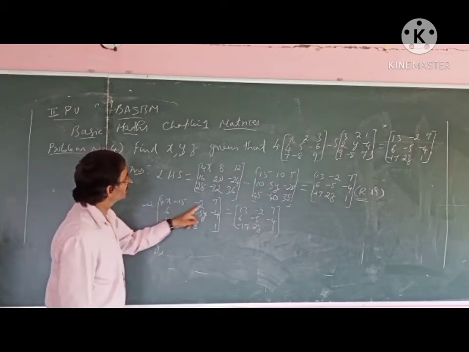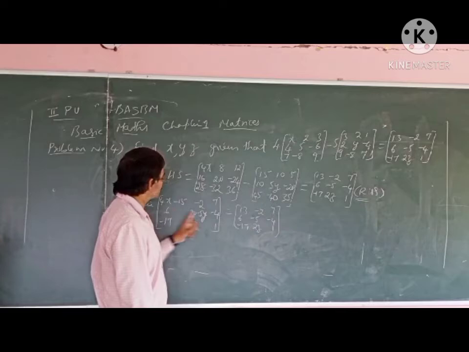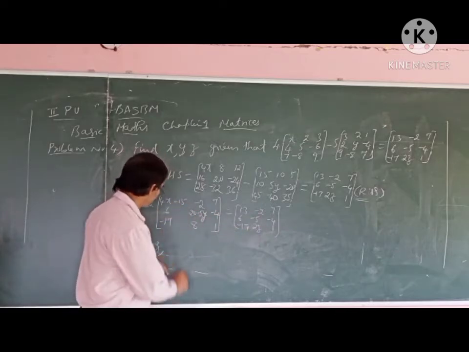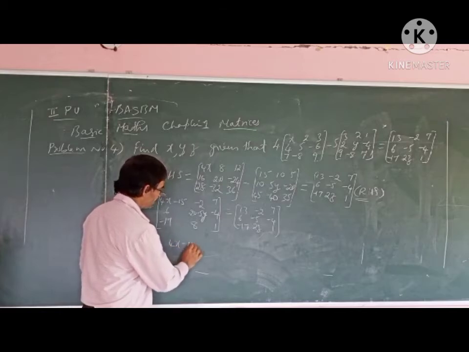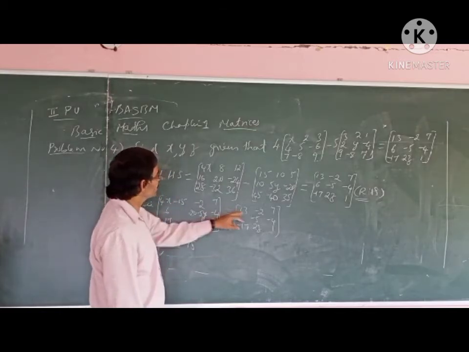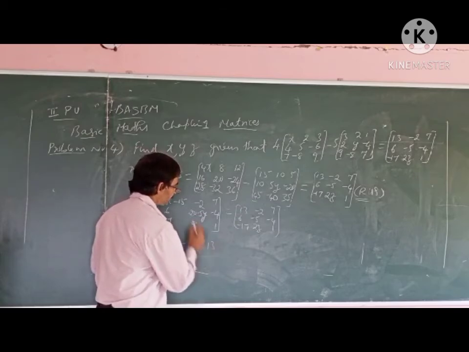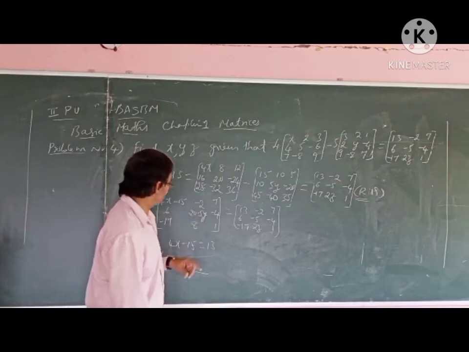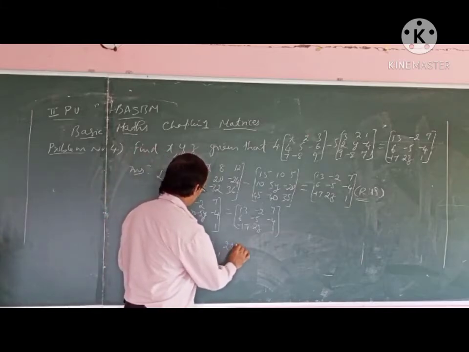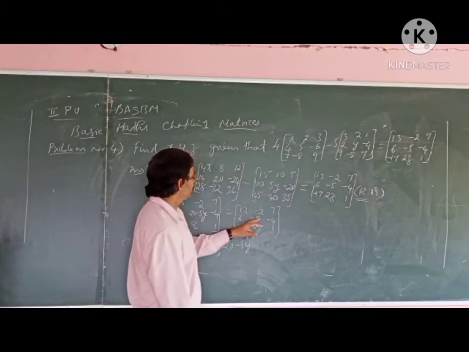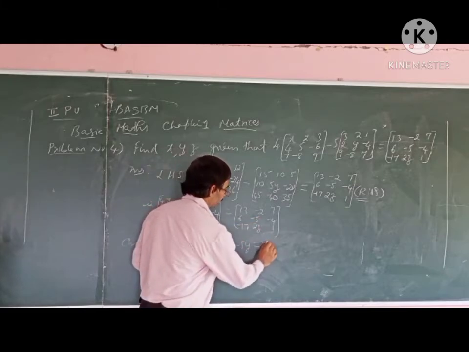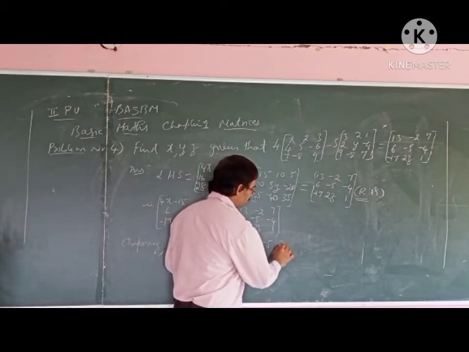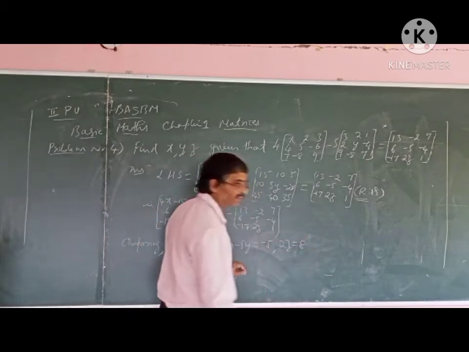Minus 2, 7, both same. 6, minus 4, same, all the elements. Minus 17, 1 same. So only remaining: 4x minus 15 equal to 13. That is one comparison. The other one is 20 minus 5y equal to minus 5. Last one, 8 equal to 2z, 2z equal to 8. So simplify.